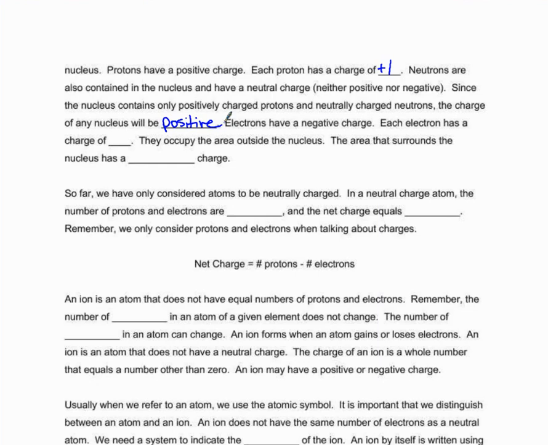Electrons are the opposite. They have a negative charge. Each electron has a charge of -1. They occupy the area outside of the nucleus, and this area outside of the nucleus has a negative charge.